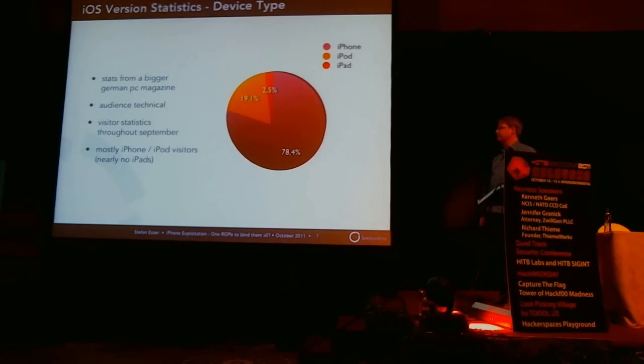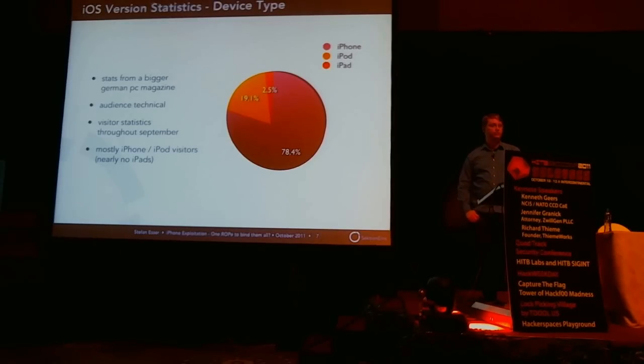There are statistics I got from a German IT magazine. The audience is very technical because it's an IT magazine. It covers visitors between the 1st and I think the 20th or 25th of September. You can see, which is very strange here, that mostly they have iPod and iPhone visitors, and very few iPads.